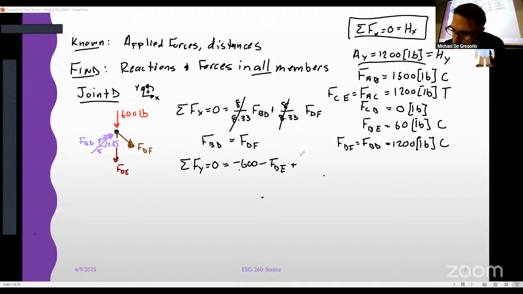Remember, I didn't redraw it. I'm going to carry the negative sign with me.